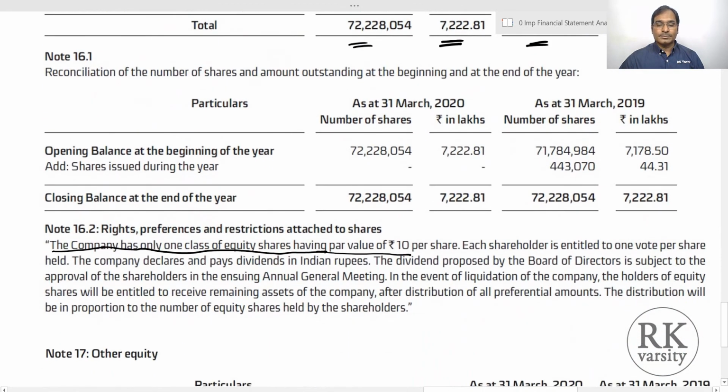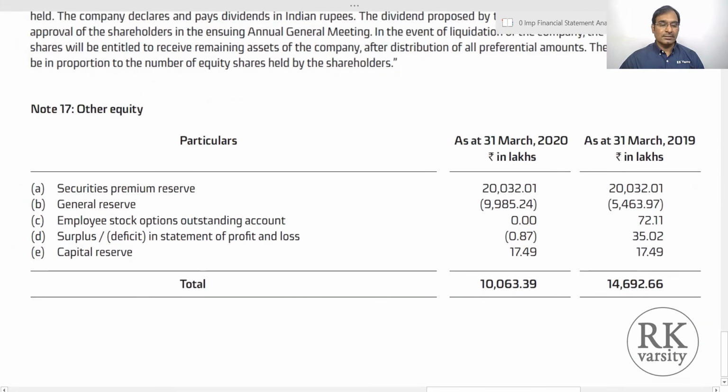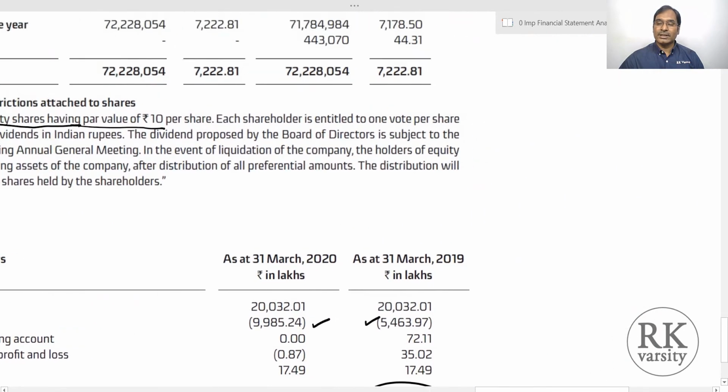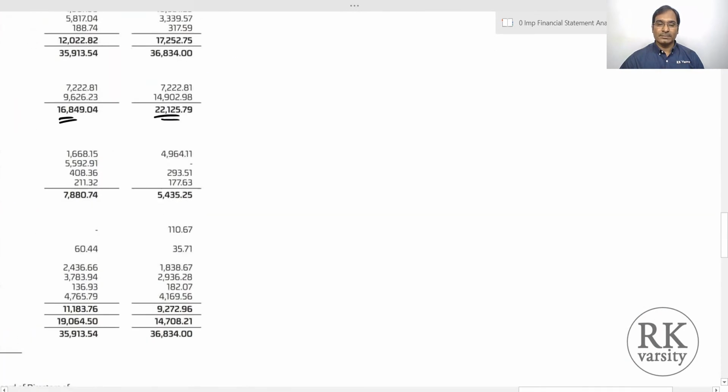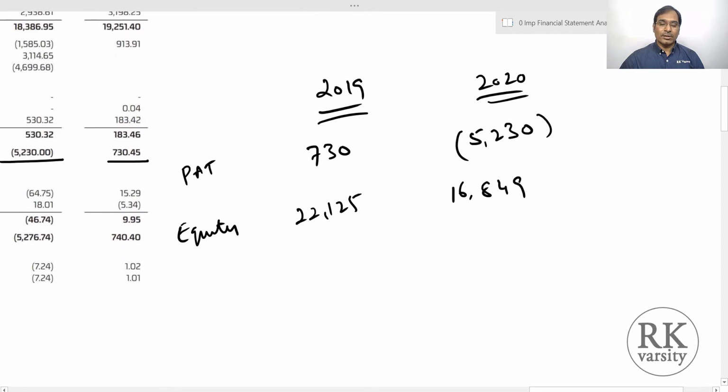However, in the case of other equity, you can see there is a loss. There is a decrease in general reserves here and also a decrease here. Because of these two, the company has witnessed a decrease in its other equity. This resulted in a decrease in total equity. That means the decrease in total equity is because of the accumulated losses the company witnessed.